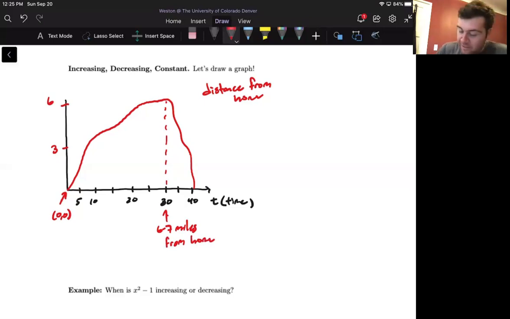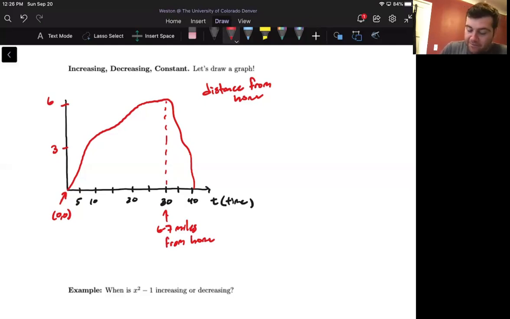And maybe this graph is unrealistic, but that's okay because that's saying that in the next 10 minutes, you'll be back home. So you're biking at 30 or 40 miles an hour. Maybe you got picked up.